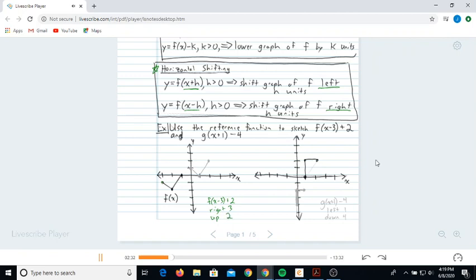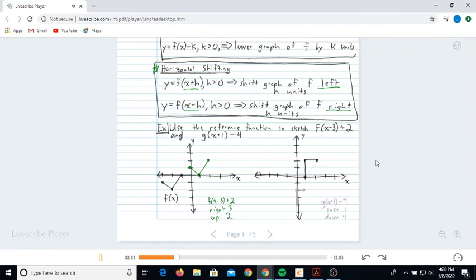I'll start with the leftmost coordinate, go right 1, 2, 3, up 2, and mark it. Take the next coordinate, move it right 3, up 2. Then take the last coordinate, move it right 3, up 2. We'll connect the dots. We didn't change the image at all. We just moved it to a new location, right 3 and up 2.